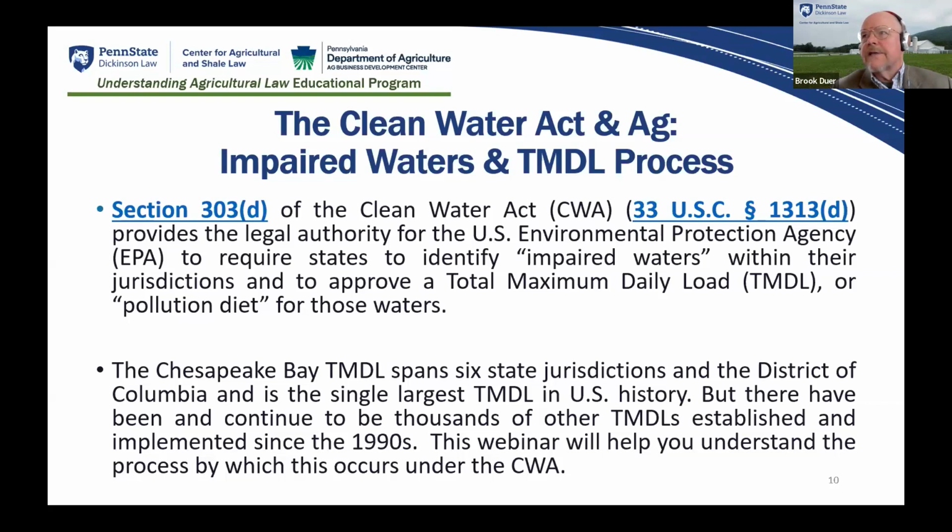Of course, the U.S.C. number is different. It's 1313(d). But in any event, it provides the legal authority for EPA to require states to identify impaired waters within their jurisdictions. Impaired waters is a term of art, which we will discuss, and to approve a total maximum daily load, a TMDL, or pollution diet or pollution budget for those particular waters.